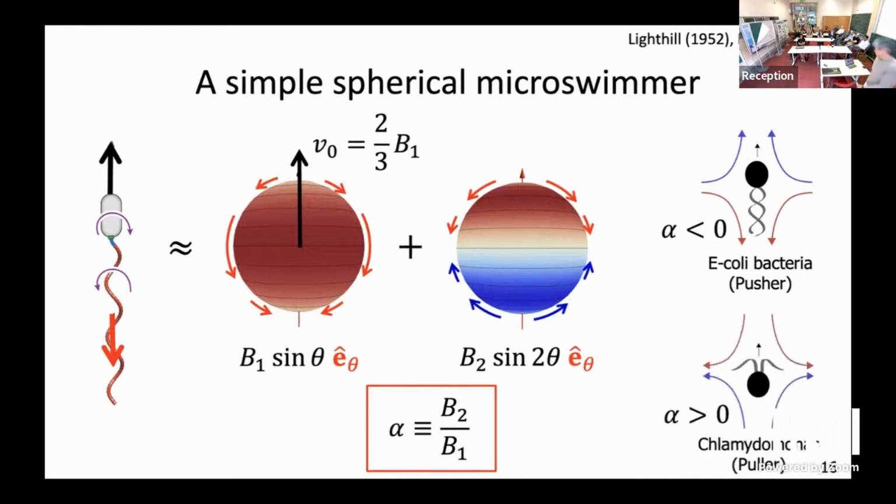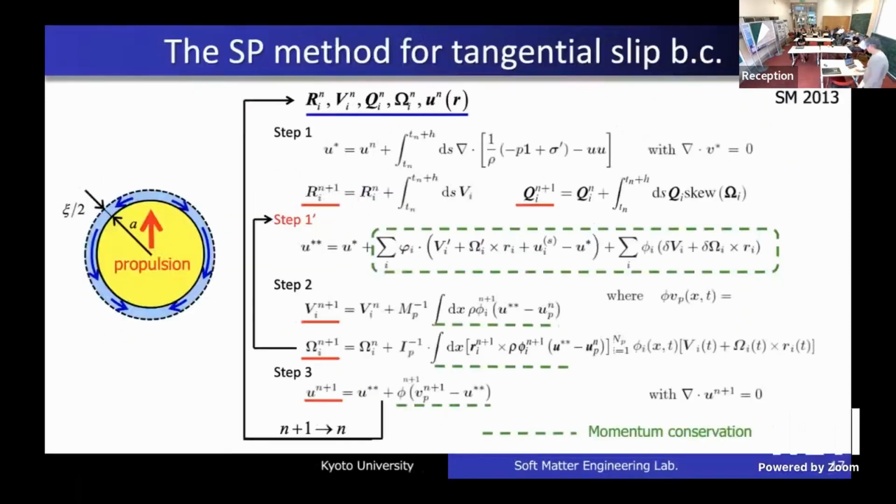And when alpha is positive, the opposite polarized flow is obtained. So if we have this second term, we can distinguish pusher and puller. This is a very much used model to discuss the difference between pusher and puller. We will go over it a bit more later.